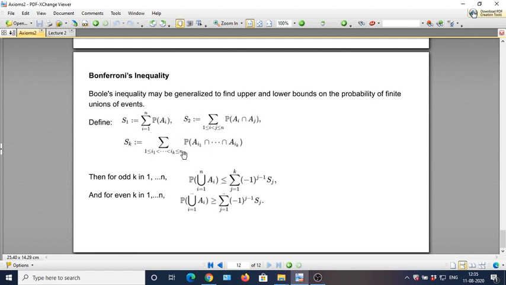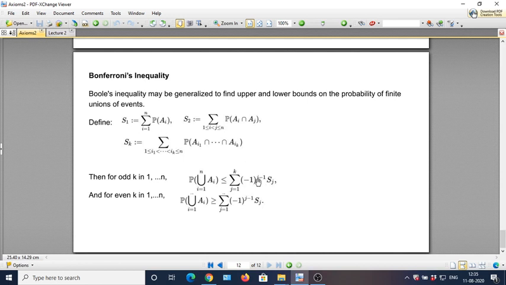We can easily see that the probability of the union of i varying from 1 to n of Ai, the actual value, will be equal to the sum over j varying from 1 to n of minus 1 power j minus 1 into Sj. That is, it's the sum of these with alternating plus and minus signs.